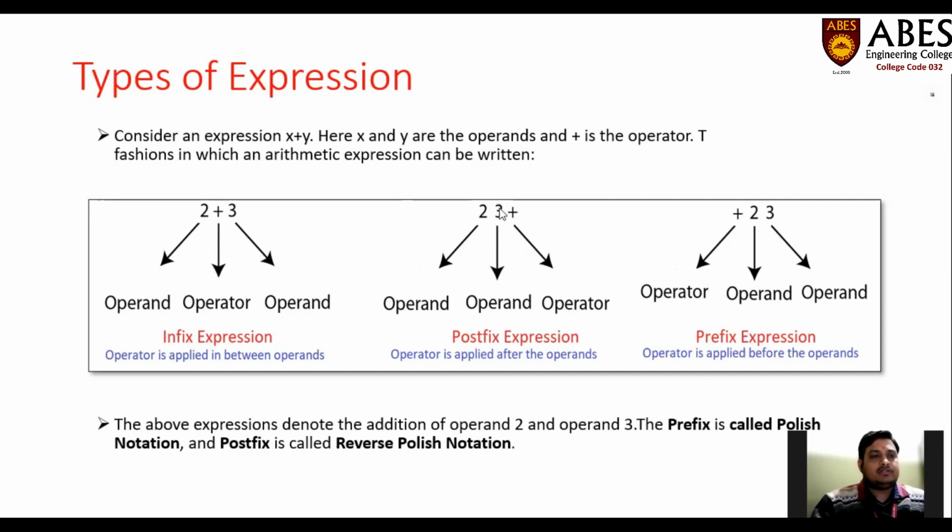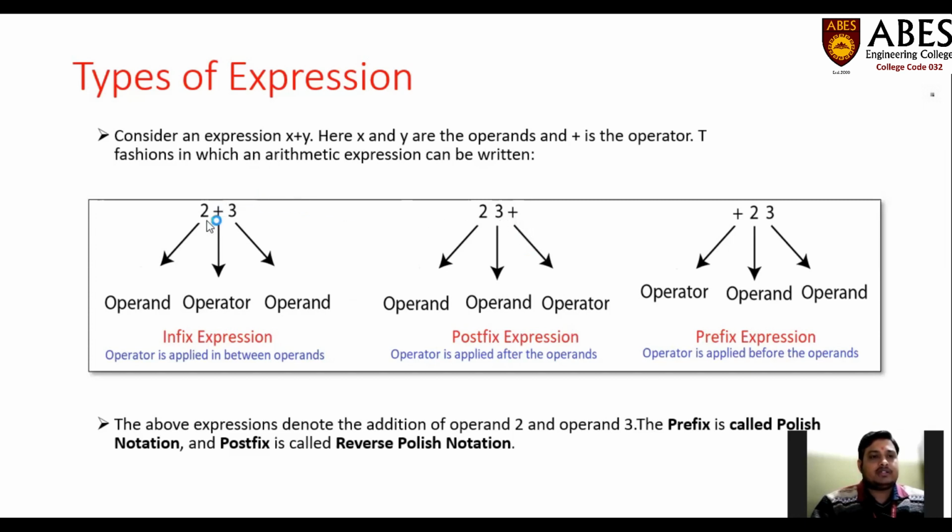And the second one, you can see 2 3 plus. Here the operator is at the end, after the operands. First we put the operands and then we put the operator, which will be applied on these operands. This type of expression is postfix expression. It is basically centered on the operator.